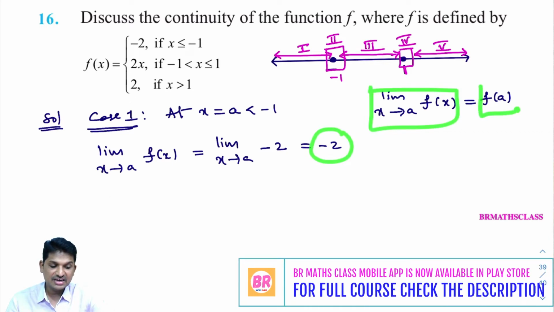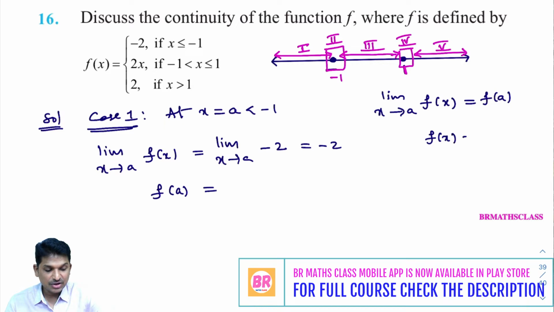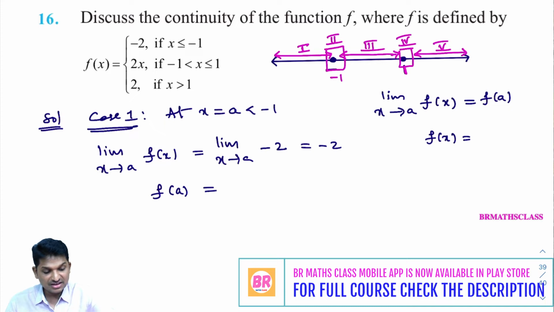Now I'll calculate f of a. To calculate f of a, we need to decide which function applies here. What is a? a is less than minus 1. When a is less than minus 1, f of x is minus 2 only. What is f of a?